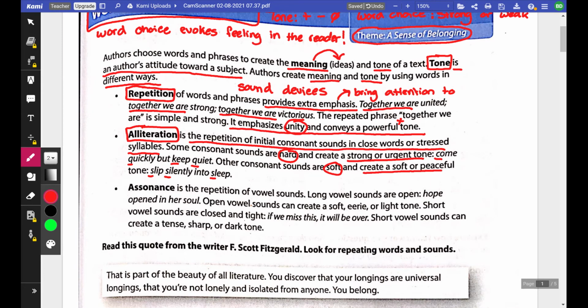If you think about our alliteration that we sometimes use, Sally sells seashells, those all begin with S, but they have different sounds. That S doesn't always make the same sound.